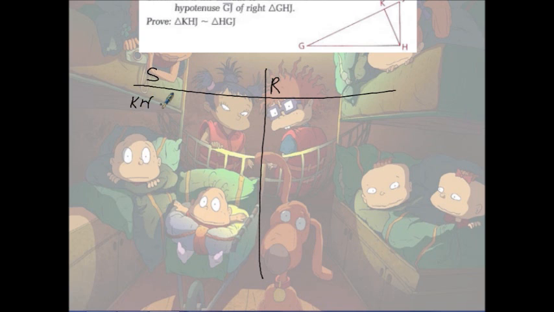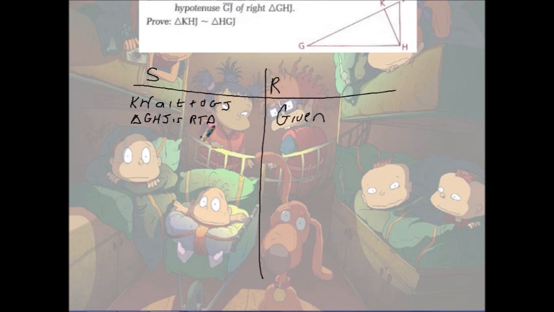That KH is the altitude to GJ, and we also have a right triangle GHJ. Those are going to be our givens. You wouldn't be wrong just to write that as one given. I want to separate that just to make sure that we're okay. Now, I want you to press pause and see what you can do in order to prove similarity.